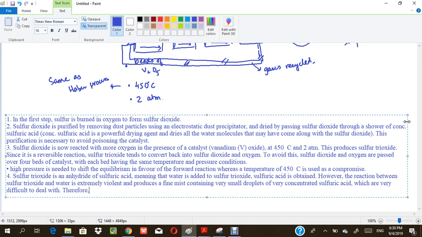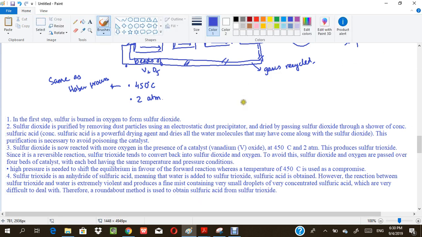Therefore, a roundabout method is used to obtain sulfuric acid from sulfur trioxide. What do we do?